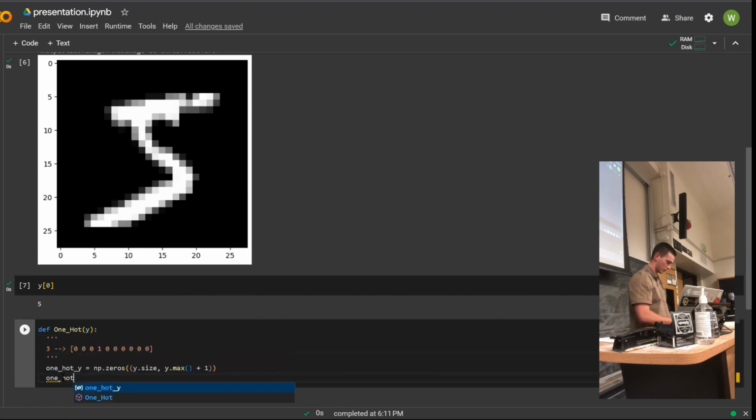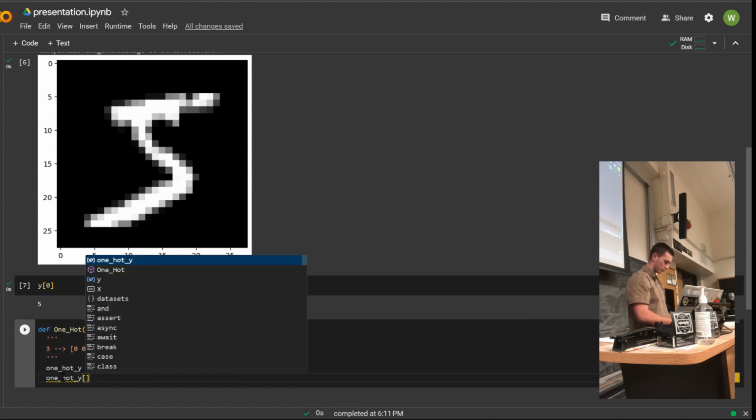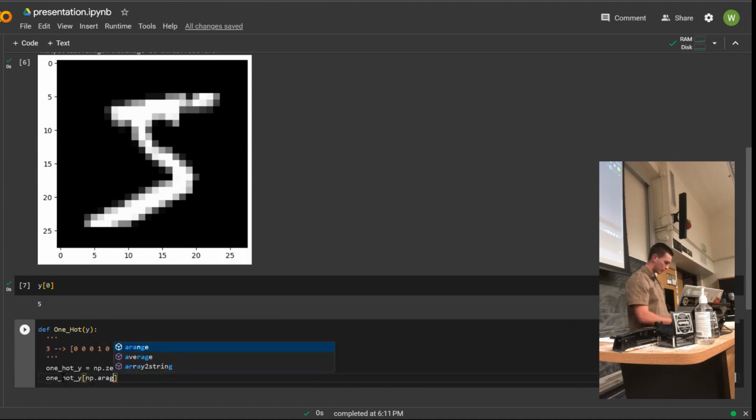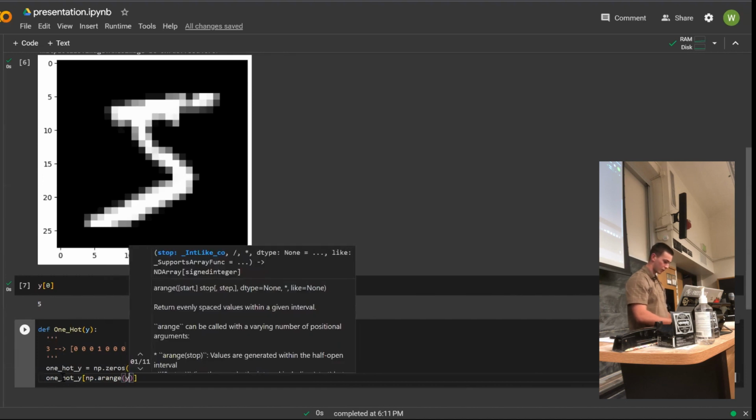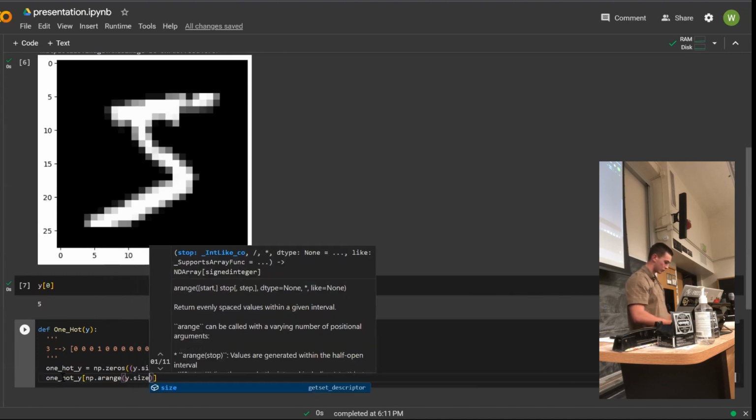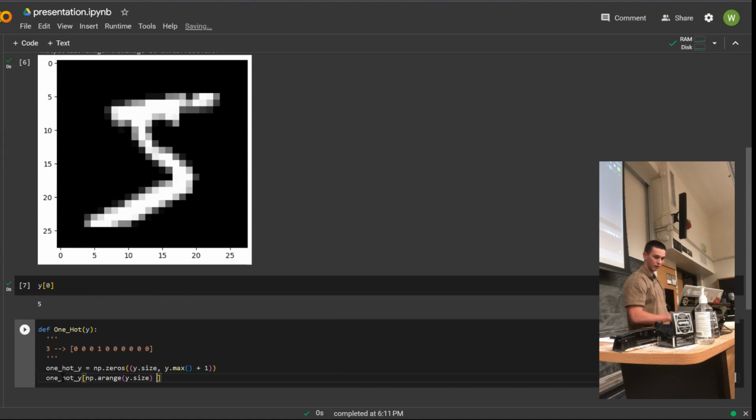Okay, and then doing the encoding for each variable, we're going to index this matrix using np.arange, which just creates a vector of integers from 1 to the specified variable, so y.size. This is just going to call every single row of the matrix, and then we're going to pass in the variable.